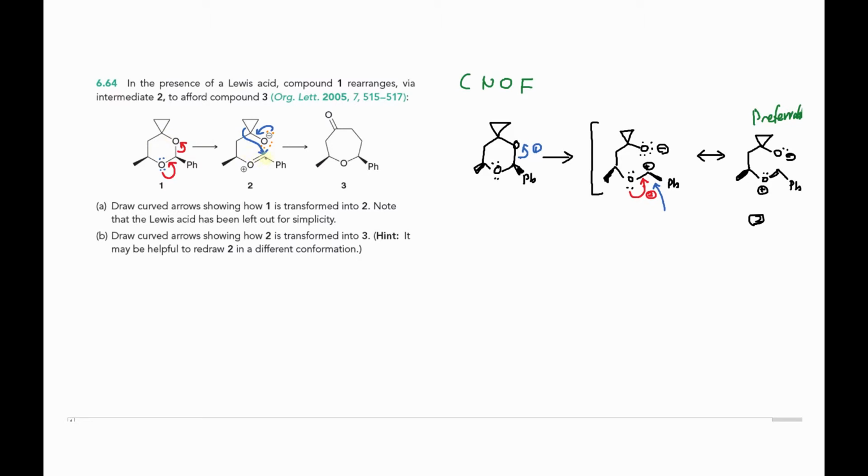And then our carbon again has five bonds, so we have to push this single bond and place it on the oxygen. That way we have a net zero formal charge on that oxygen.